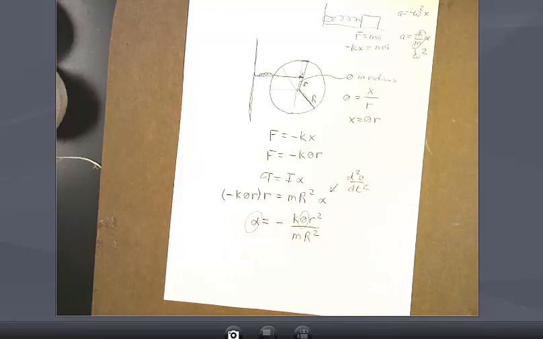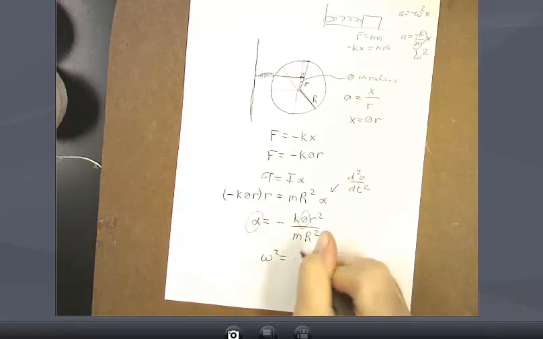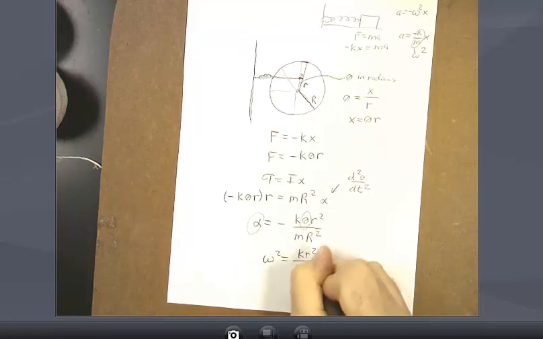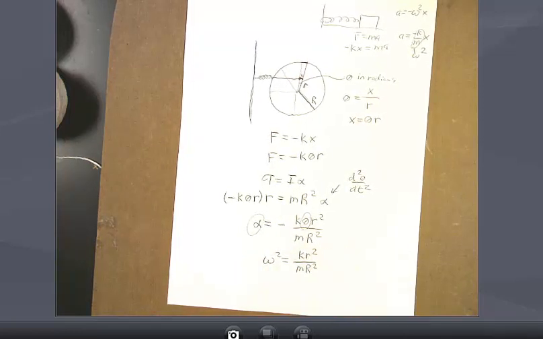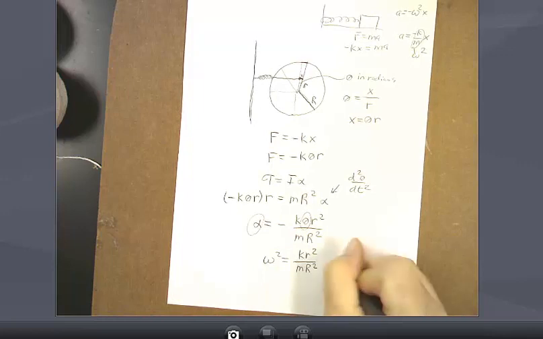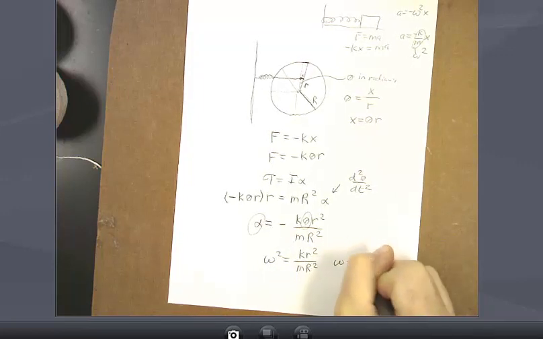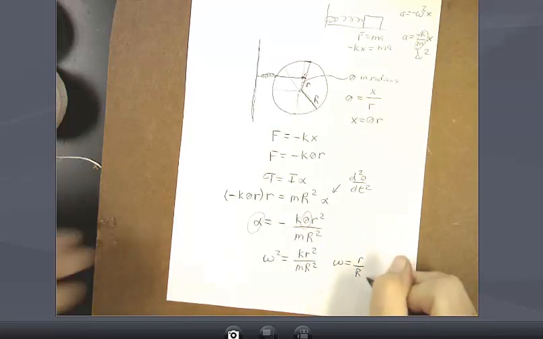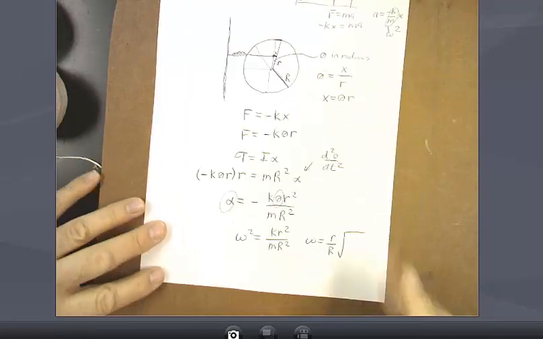This is the angular acceleration, so that means omega squared must be k r squared over m big R squared. So in other words, omega is r over R times the square root of k over m.